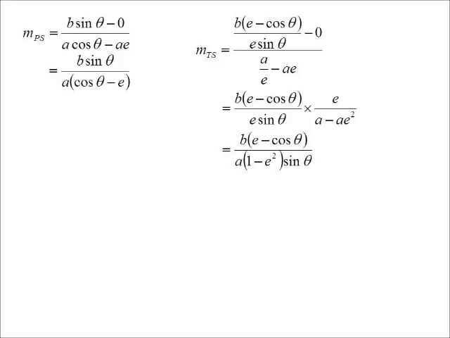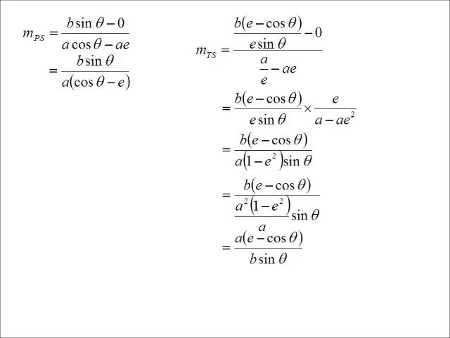Now I want to multiply these two things together and get -1. But that's where I'm going to need to use another relationship. Anyone spot what I'm going to use? Remember, b squared is equal to a squared (1 minus e squared). So in other words, I could rewrite this a(1 minus e squared) as a squared (1 minus e squared) over a, but then that just becomes b squared over a.